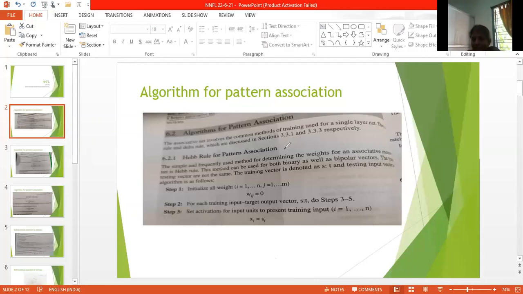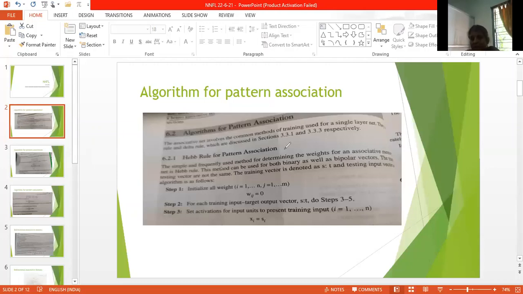This is a very simple rule and very frequently used for finding the weights of an associative memory net. This method is used for both binary as well as bipolar vectors. The training and testing vectors are not the same.